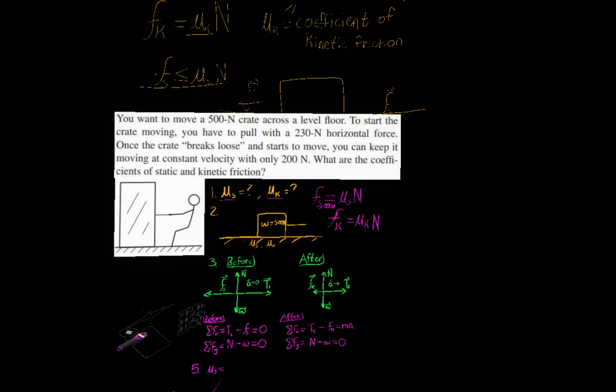If it said you pull with 150 newtons of force and it goes nowhere, then we would not be able to say static friction maximum is 150 newtons. But we know that the static friction maximum is 230 because that is what gets it going. So that is the maximum that breaks it loose.